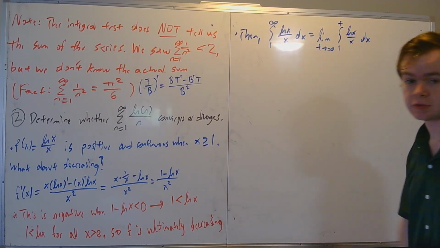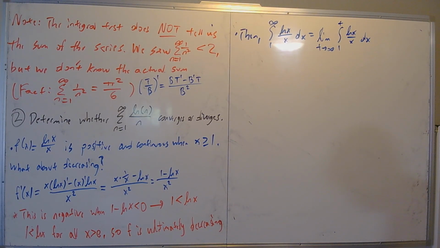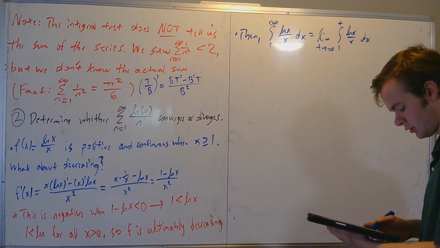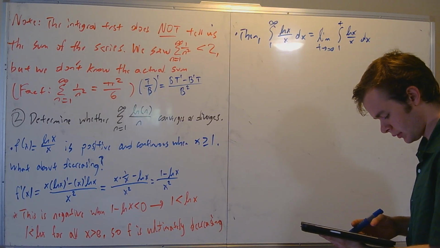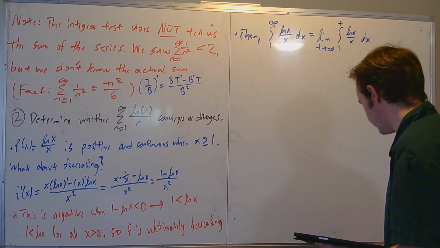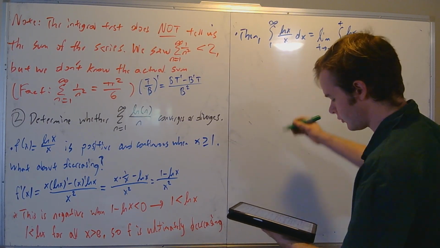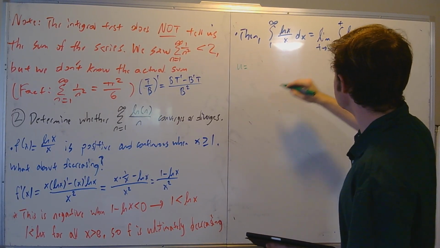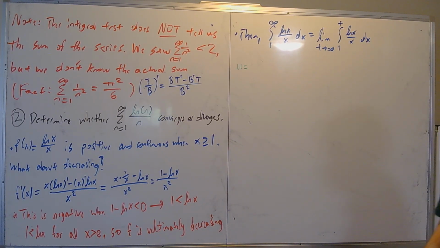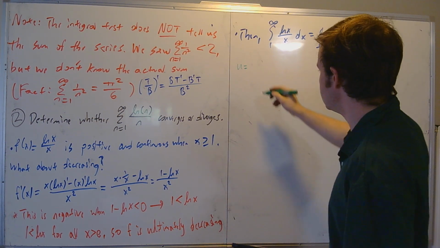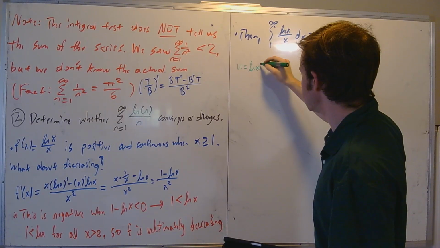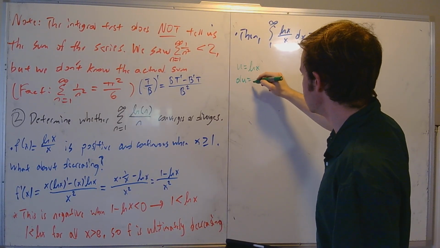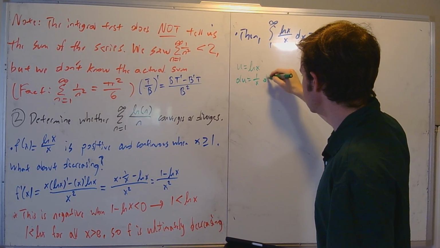Remember, we just replace that infinity with a t. And now we need to take our antiderivative, and here we're going to use u substitution. So pause the video here and think about how you're going to use u substitution. But here you need u equals natural log of x, so du is 1 over x dx.